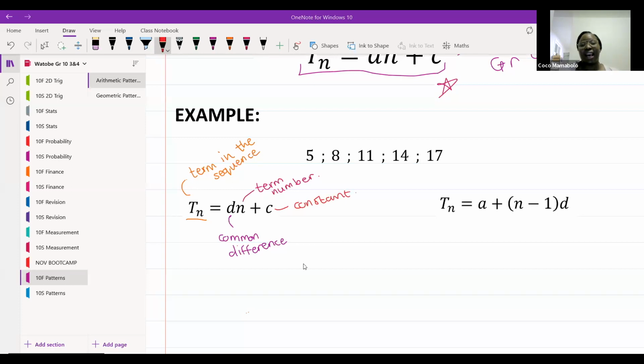Now, on the other side, we're going to have something quite similar. On this other formula, Tn will stand for the exact same thing, the term in the sequence. The only thing that we've added in this particular one is a, and a stands for the first term. Okay, a stands for the very first term in our sequence.